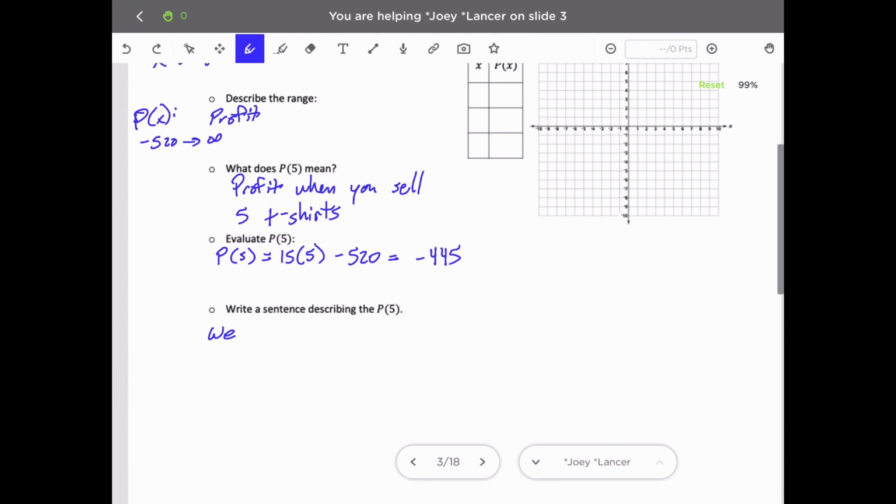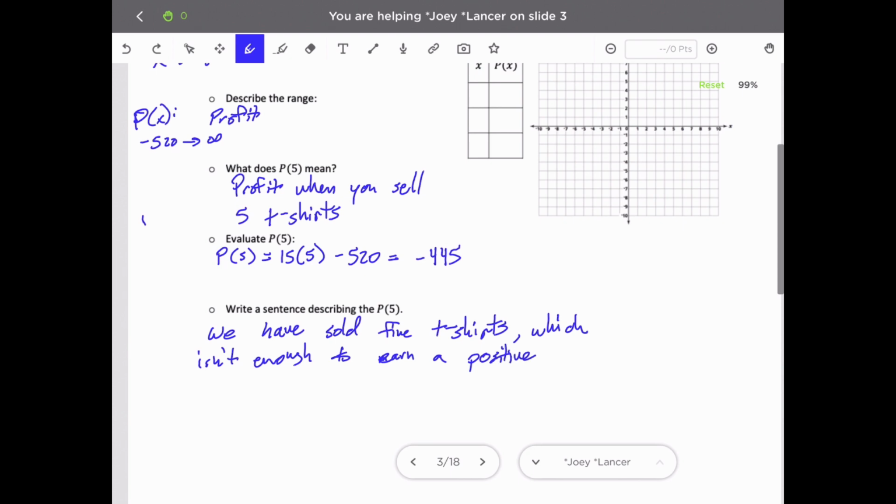We have sold 5 t-shirts, which isn't enough to earn a positive profit. We are still $445 in the hole.